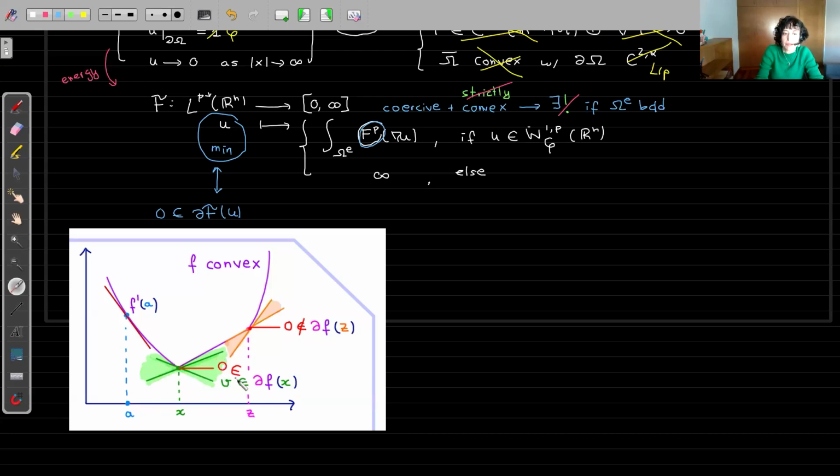And if you have a global minimum, you see that zero belongs to the subdifferential. But here you see, for instance, a point that is not smooth, and it's only a local minimum, not a global minimum, and then the zero slope does not belong to the subdifferential, which will be here in orange. So that's a standard fact.